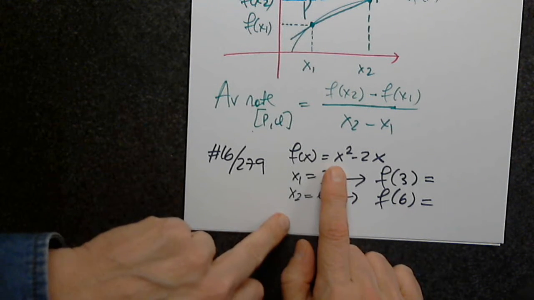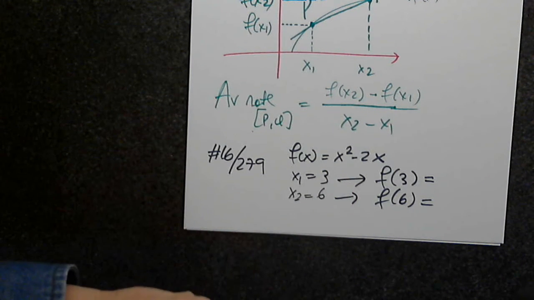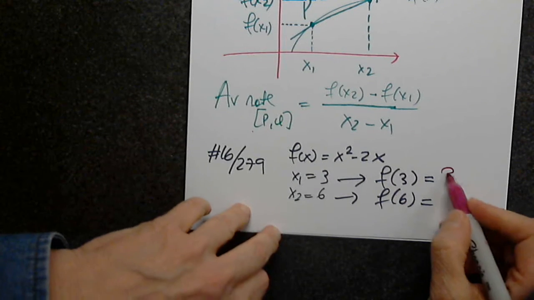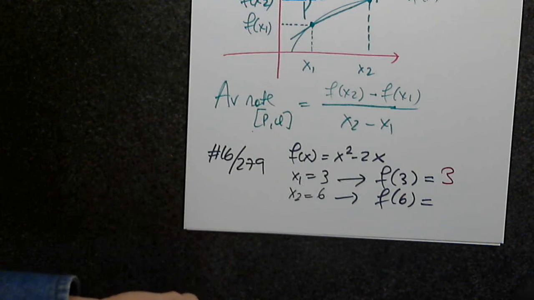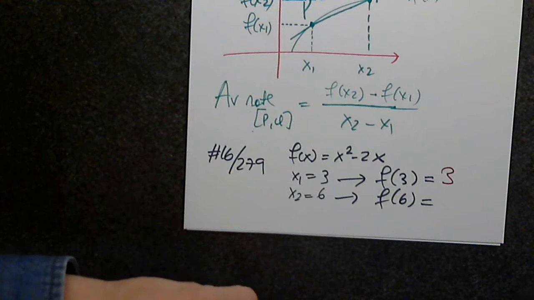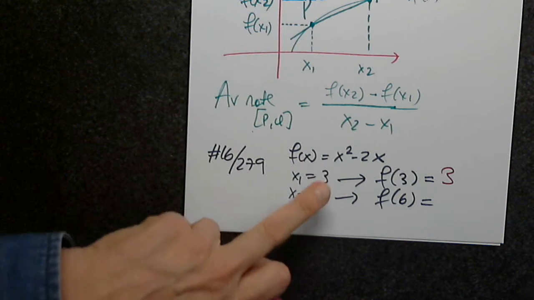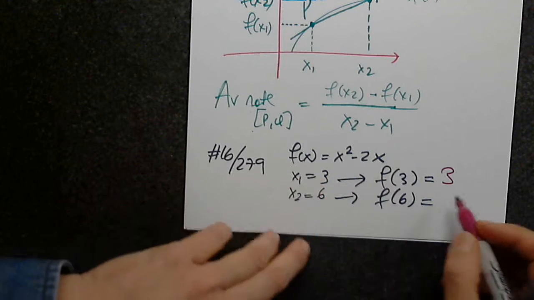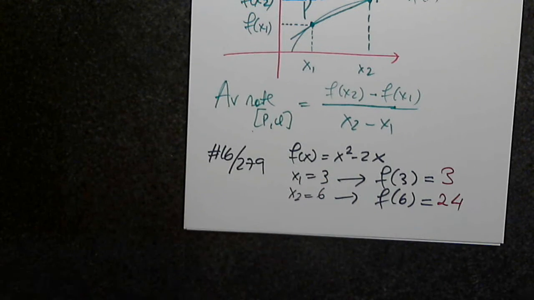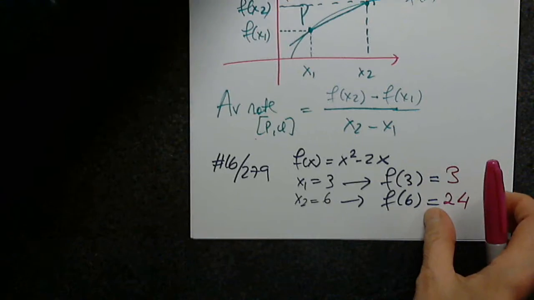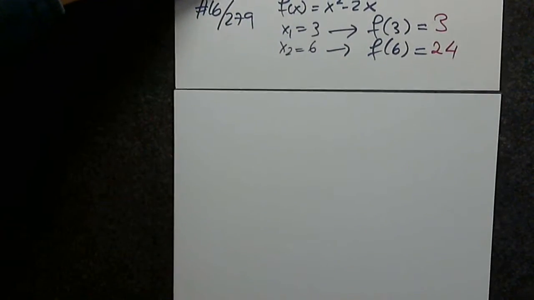So 3 squared is 9. Awesome. Well done. And f of 6 is 36 minus 12, so 24. I agree with 24.